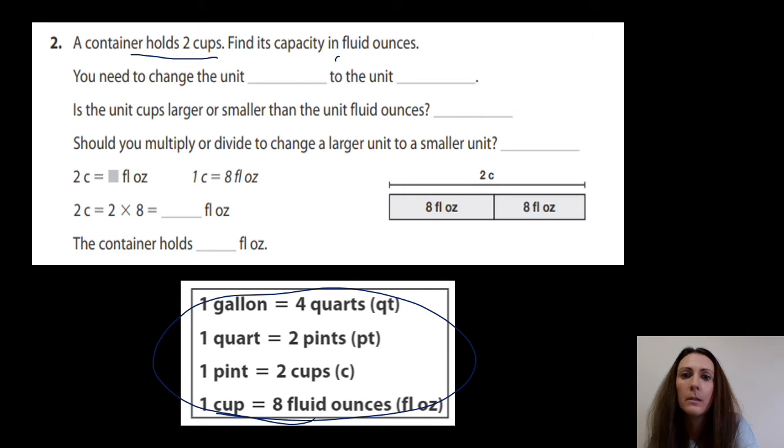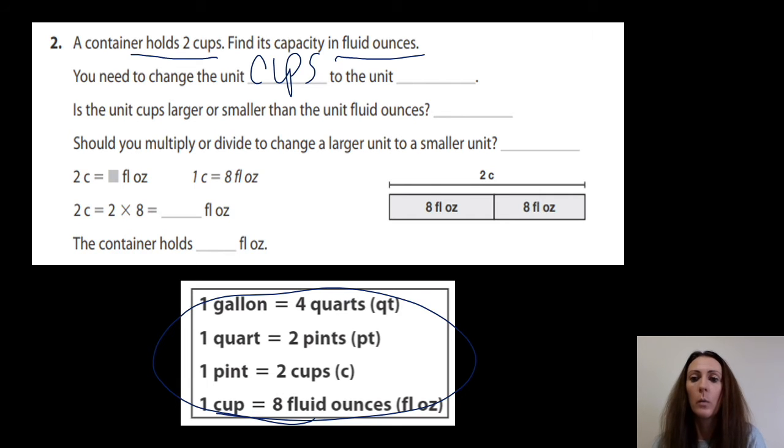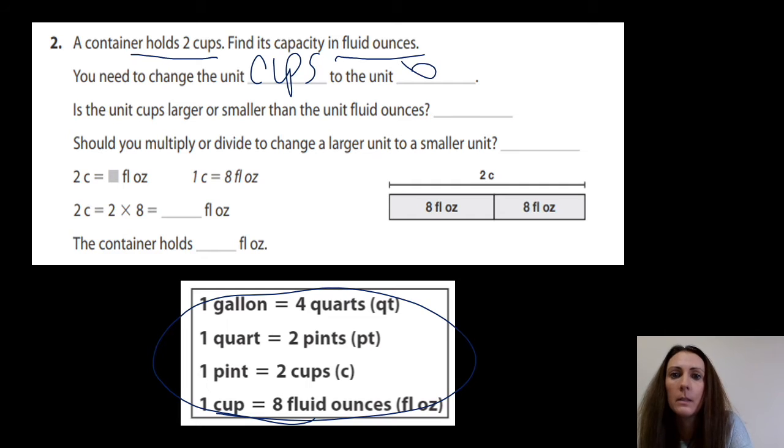Right, fluid ounces. So we're going from cups to ounces. So then follow, it says you need to change the unit of cups to, and what are we converting it to? Right, ounces.